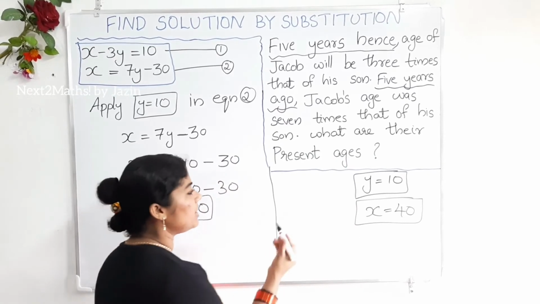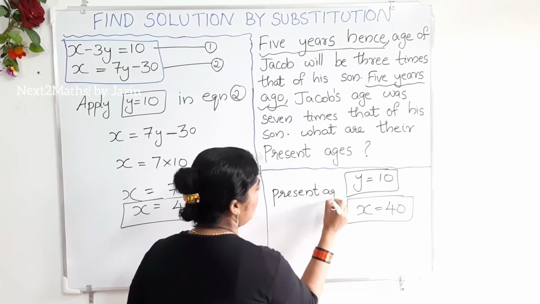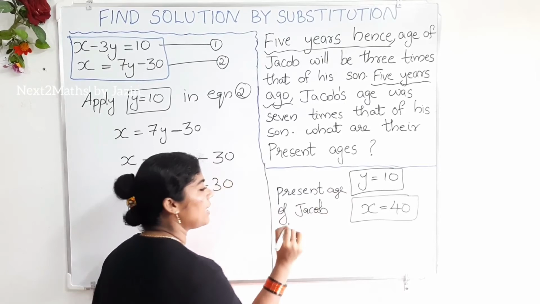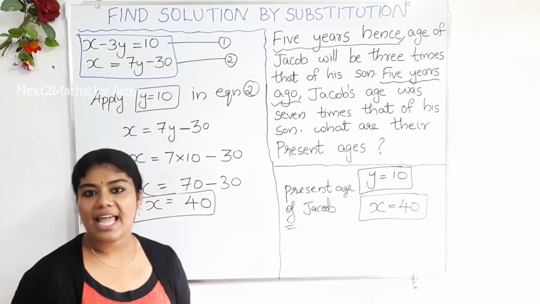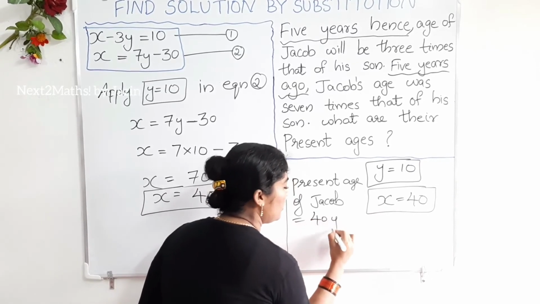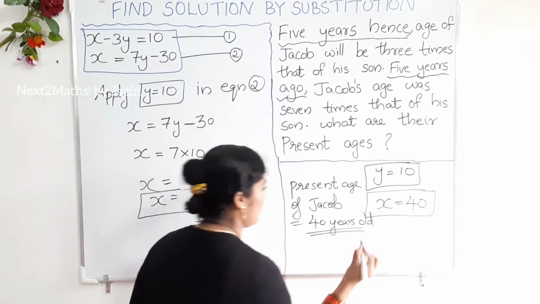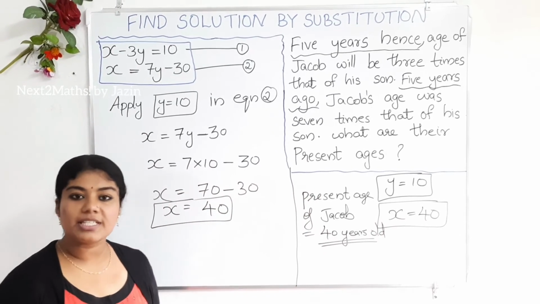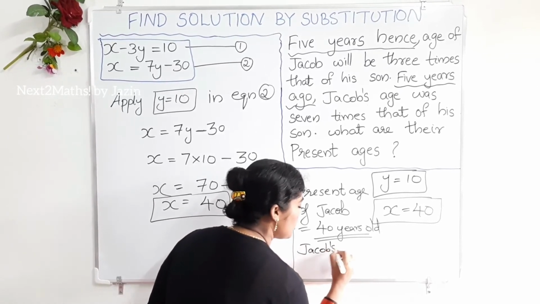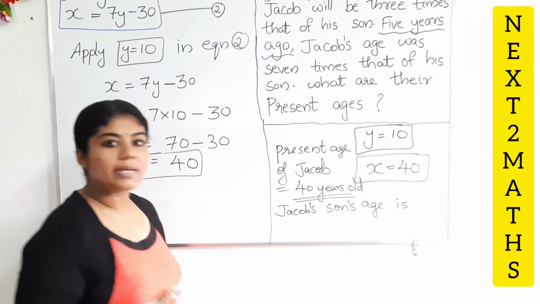So we can conclude that the present age of Jacob, what is the present age of Jacob? We supposed it as x. So what is x here? 40. So you can write 40 years old. That is the age of Jacob. So what is the present age of his son? Jacob's son's age, what is Jacob's son's age?